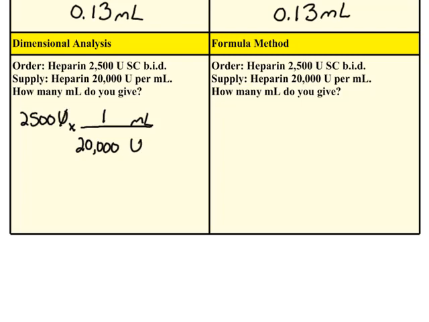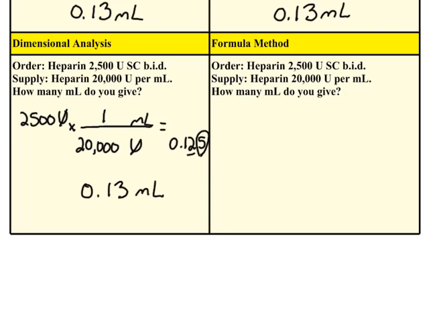The units cancel. We multiply across 2,500 times 1 and divide by 20,000, and we discover we get 0.125 milliliters. However, since this is heparin, we need to round to the hundredths place. The 2 is in the hundredths place. The 5 tells us to round up. Therefore, we will give 0.13 milliliters.